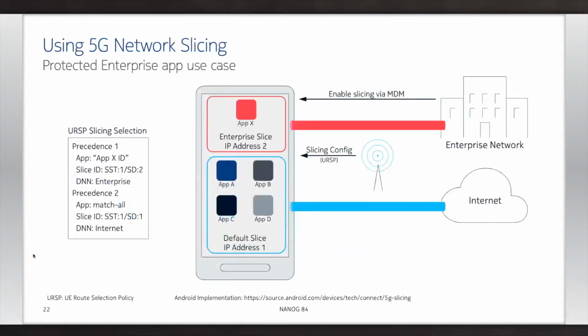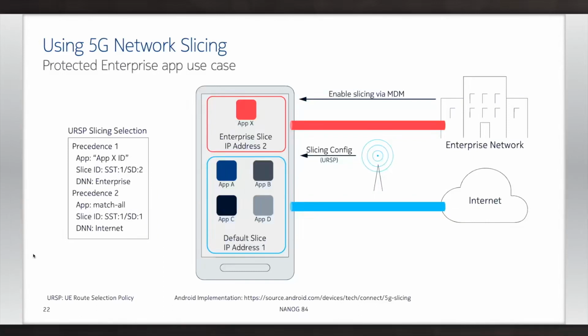So if you're using network slicing, let's take a look at a specific use case, and this would be an enterprise application. Maybe it's some sort of control app, or maybe even protected email, or whatever application you want to think about.